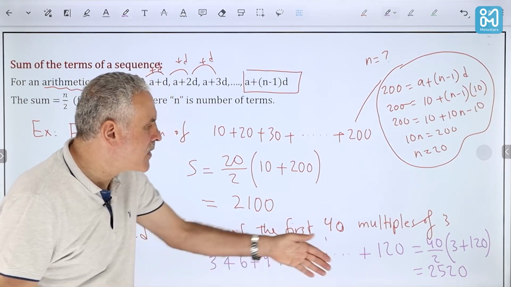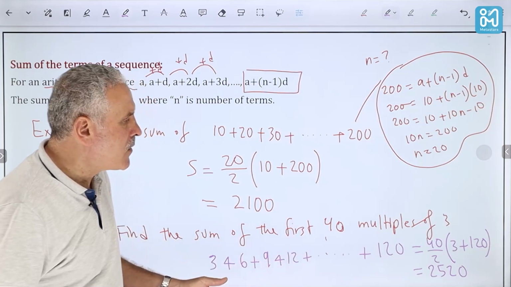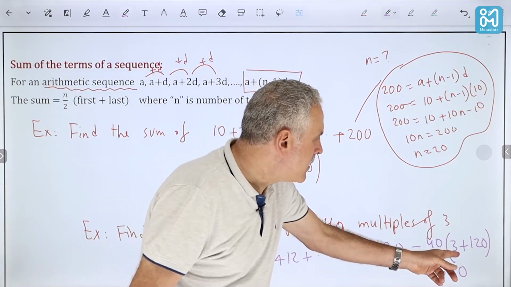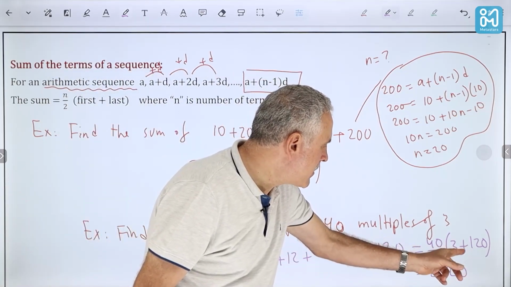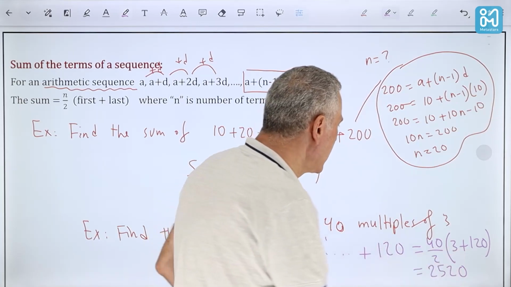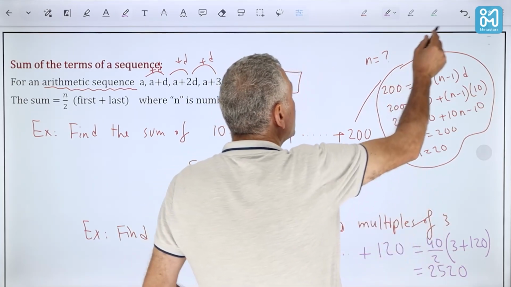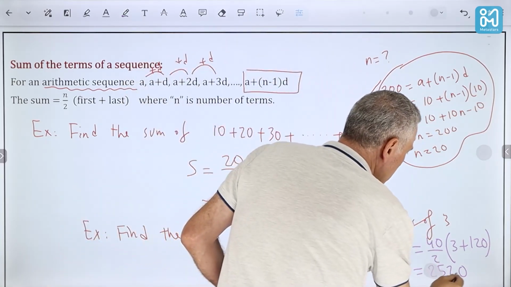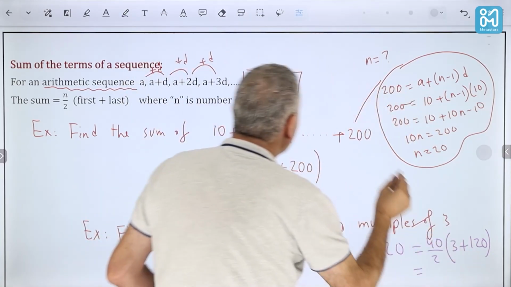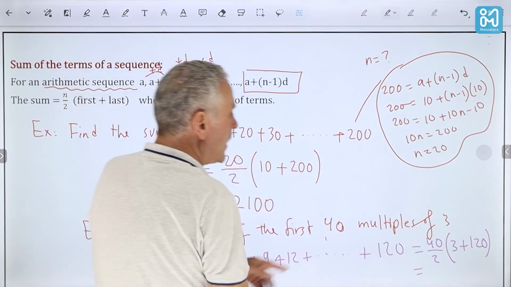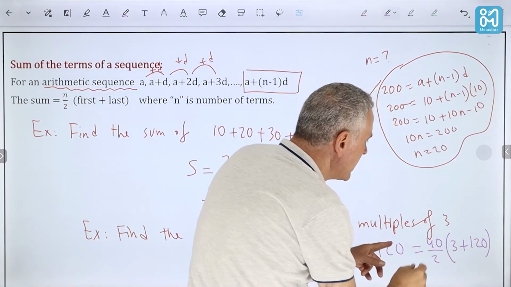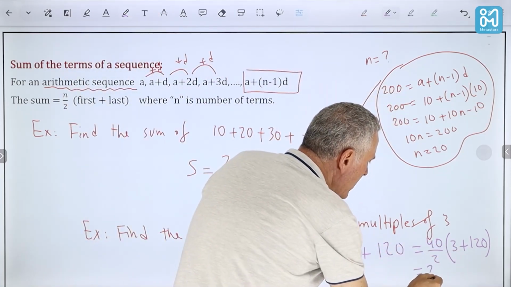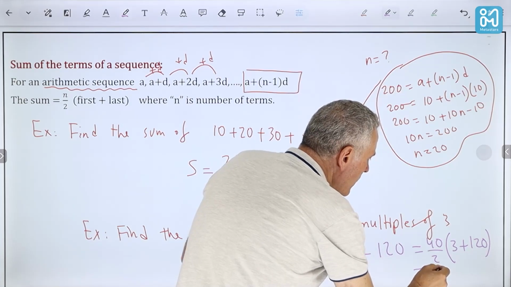Reasonable? Yes, we have 120 plus, plus, and so on. Let me make sure again. It seems like it's not correct. You could use your calculator for this.